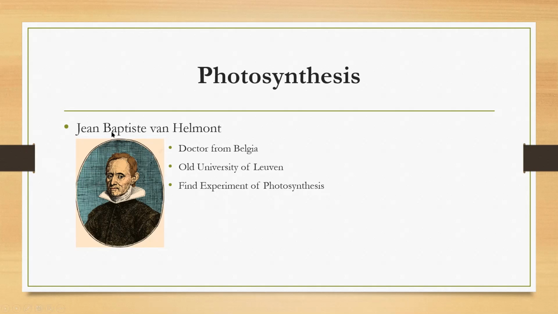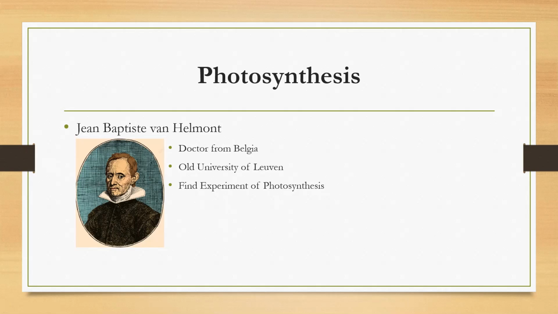He is a doctor from Belgium. I don't know if he is a scientist or so on, but I just know he is a doctor from Belgium, and he studied at the University of Leuven, and he did an experiment on photosynthesis. So he is one of the people who made experiments about photosynthesis.